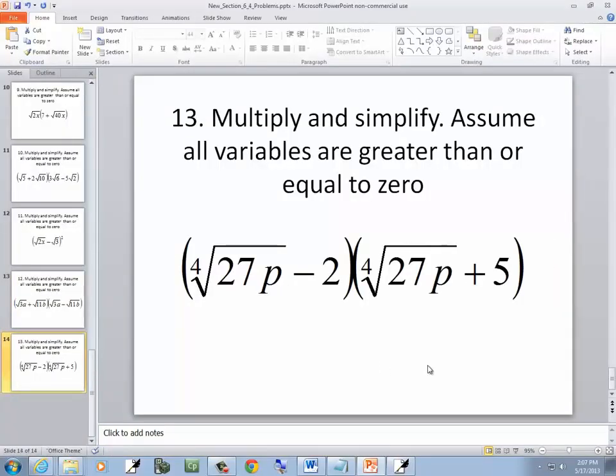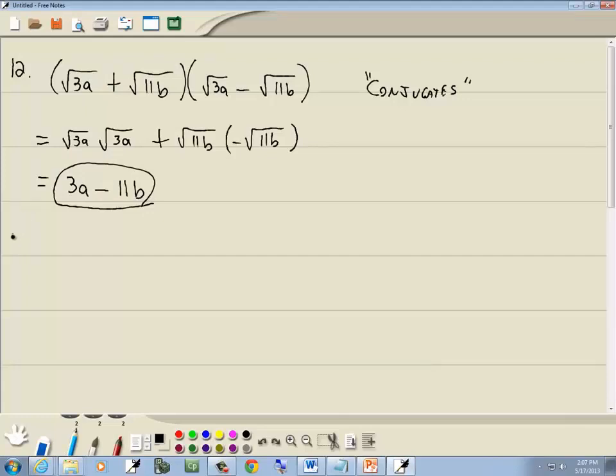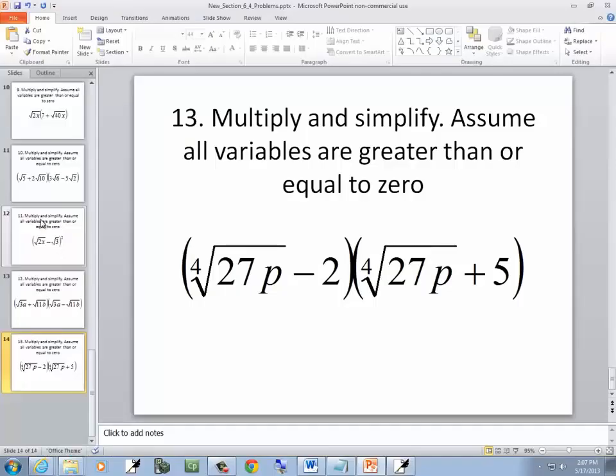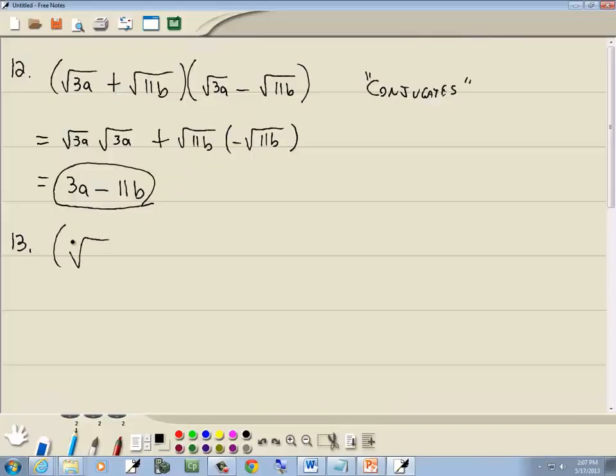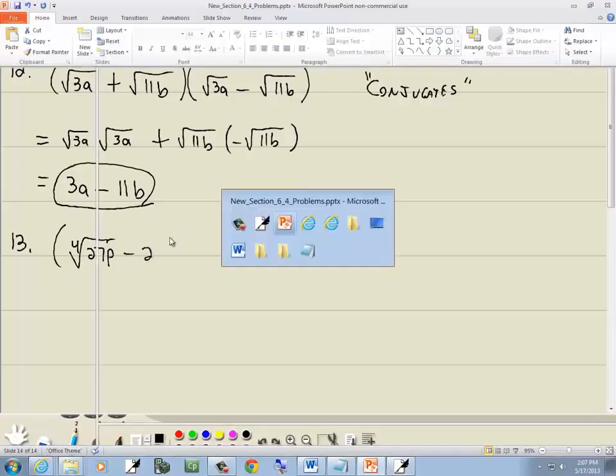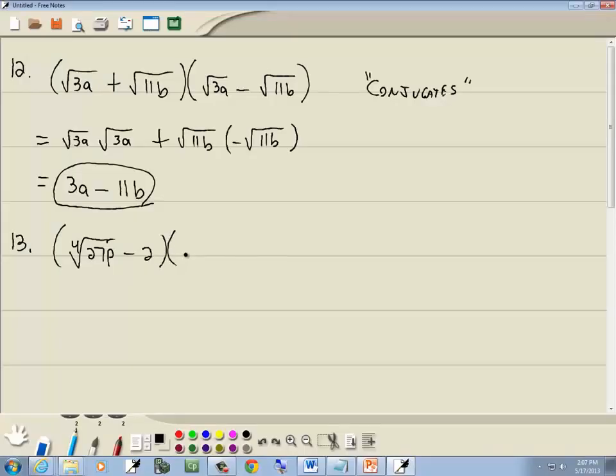Let's take a look at our last problem here. Got the fourth root of 27p minus 2, and then the fourth root of 27p plus 5.